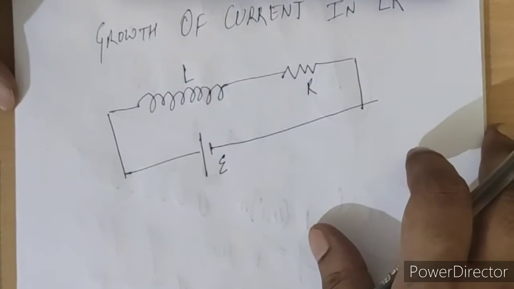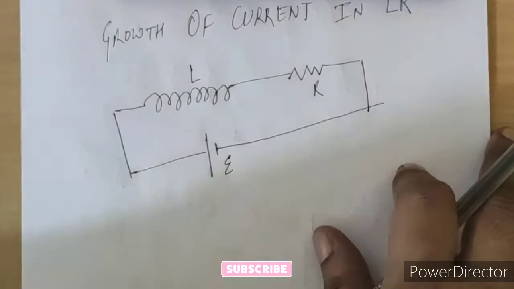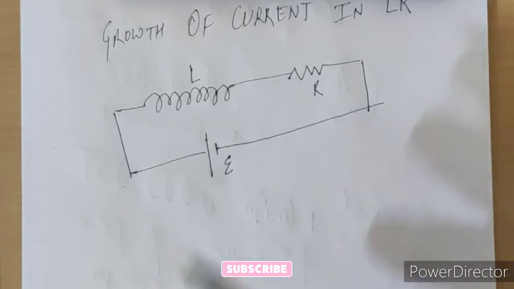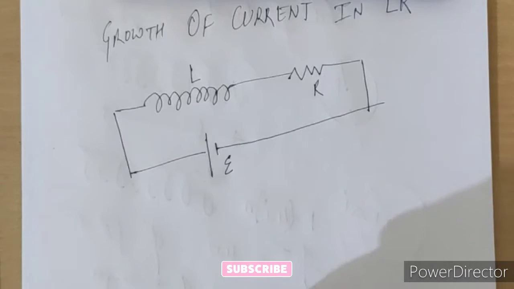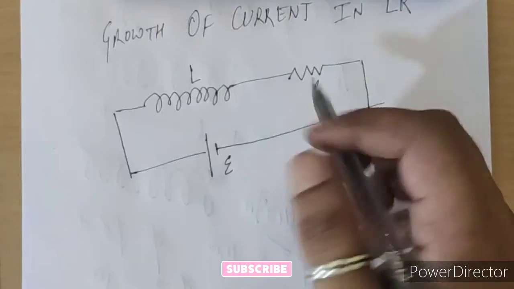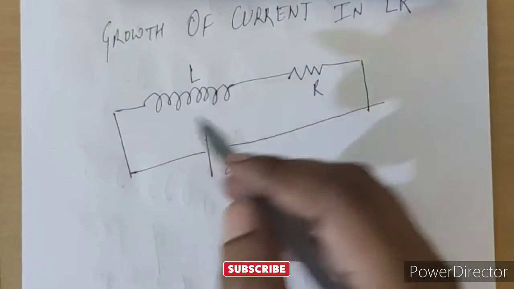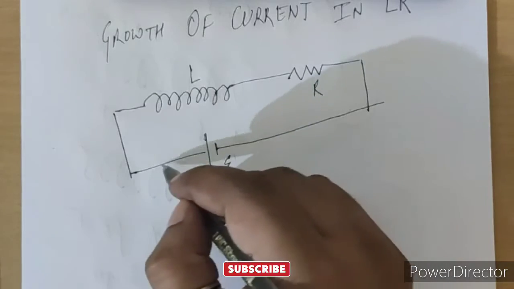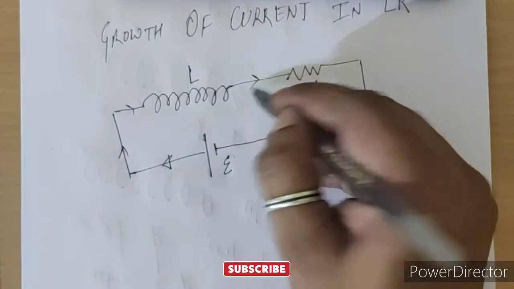So when you put the inductor along with the resistance, the current achieves its maximum value, which is equal to E/R, in a very long time, and that long time is in comparison to when no inductor is present. Say EMF is there, so this battery will throw the current, and current will start flowing this way.